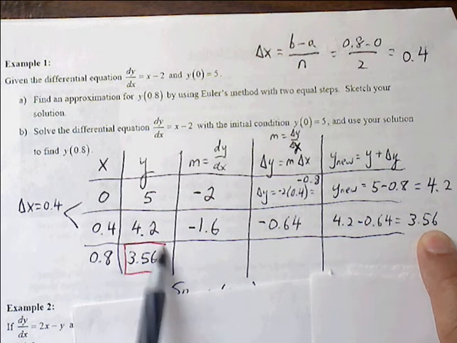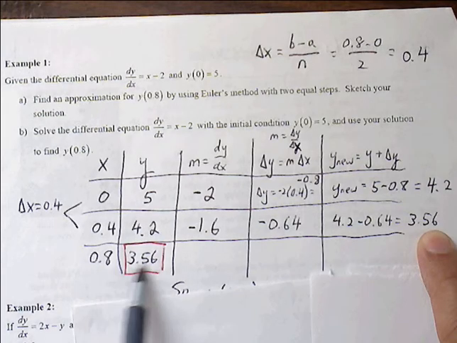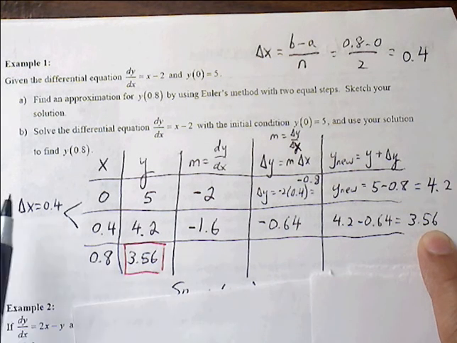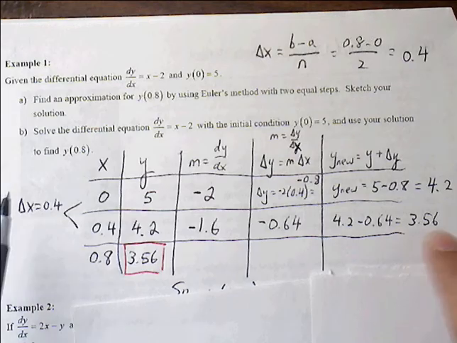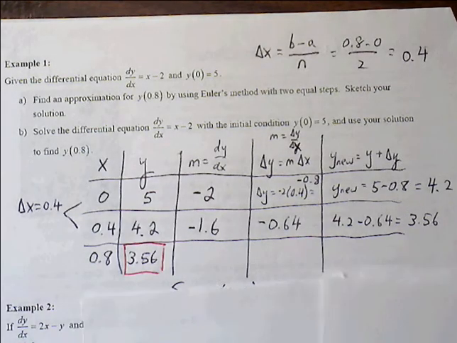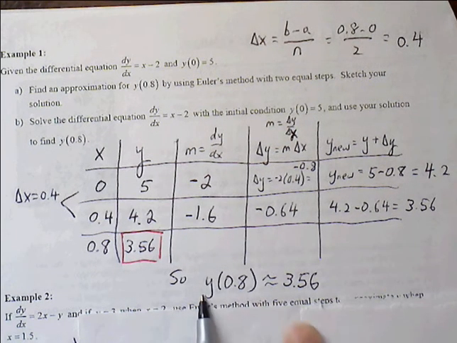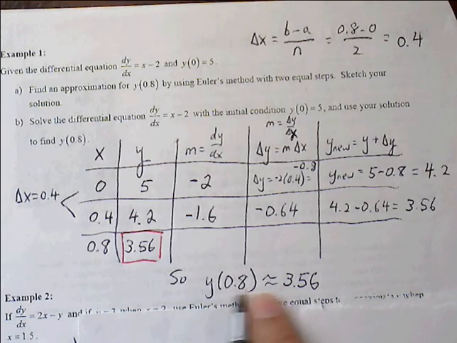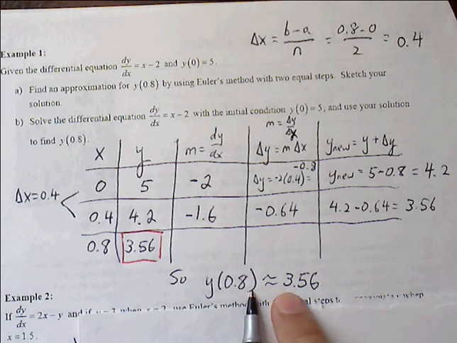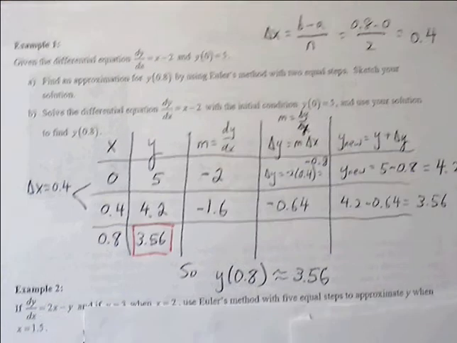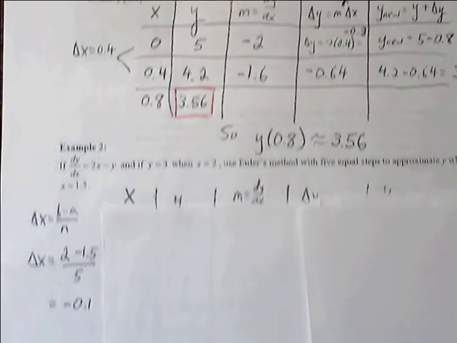So this is our y value using Euler's method of approximation. Therefore y of 0.8 is approximated by the y value of 3.56.